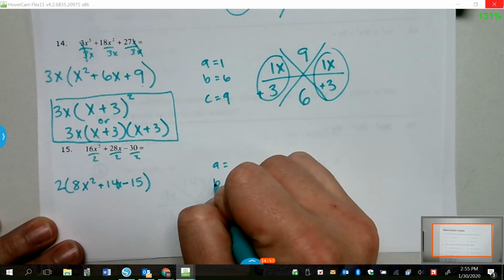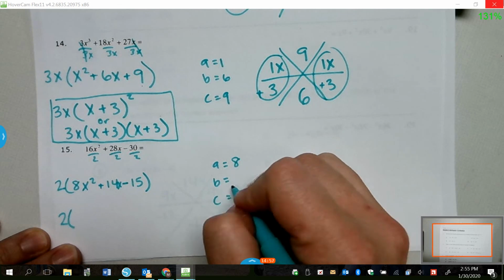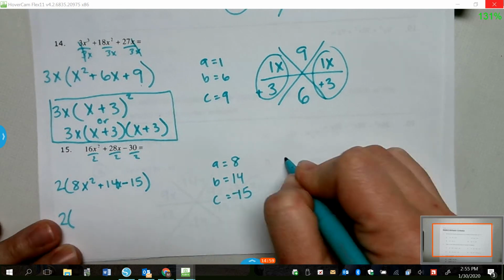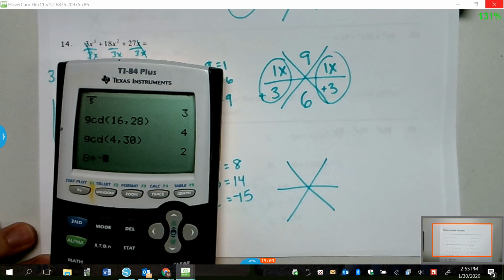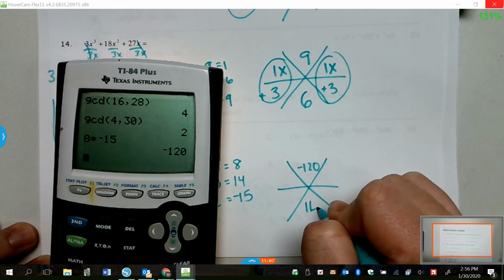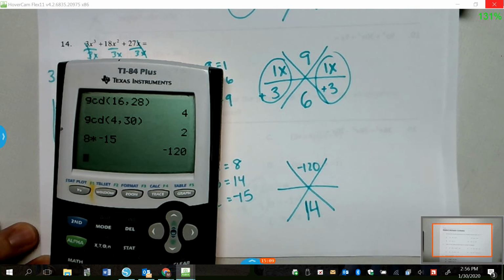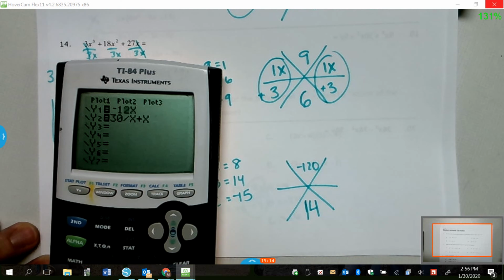Try to factor that, bring down your 2 so you don't forget it. A times C, 8 times negative 15 is negative 120 over 14. So let's figure that out. Negative 120 divide x, negative 120 divide x plus x.